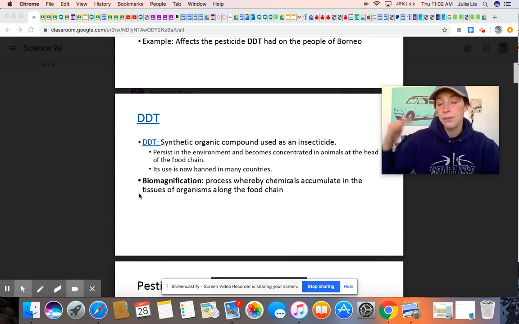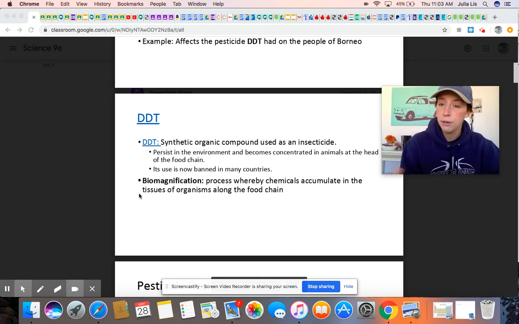So this magnification, this increase of chemical as we go up the food chain, becomes really dangerous, especially if we look at aquatic ecosystems. If we're looking at the ocean and the things that we eat, small phytoplankton, you've seen plankton on SpongeBob. These guys are affected by chemicals and pesticides that leach into the ocean, into aquatic ecosystems.